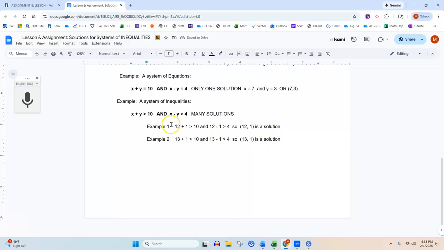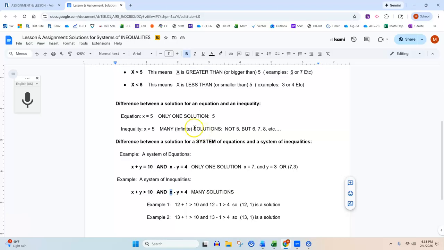There's going to be many solutions. If you think about it, we could keep making x bigger and bigger, and that's going to make sure that it's bigger than 10 when you add them. Same here. We could keep making x bigger and bigger, and that's going to make sure that it's greater than 4. So that's really the difference between a solution for a system of equations and a solution for a system of inequalities.